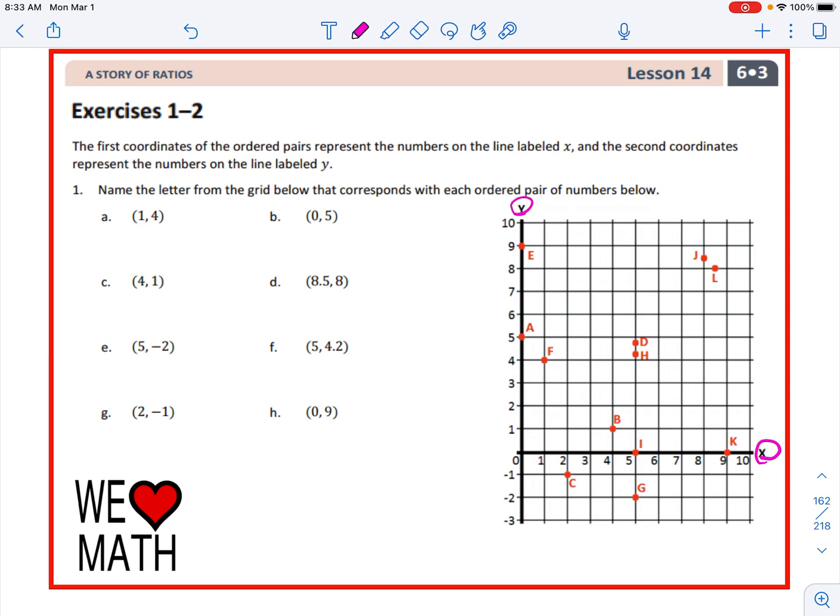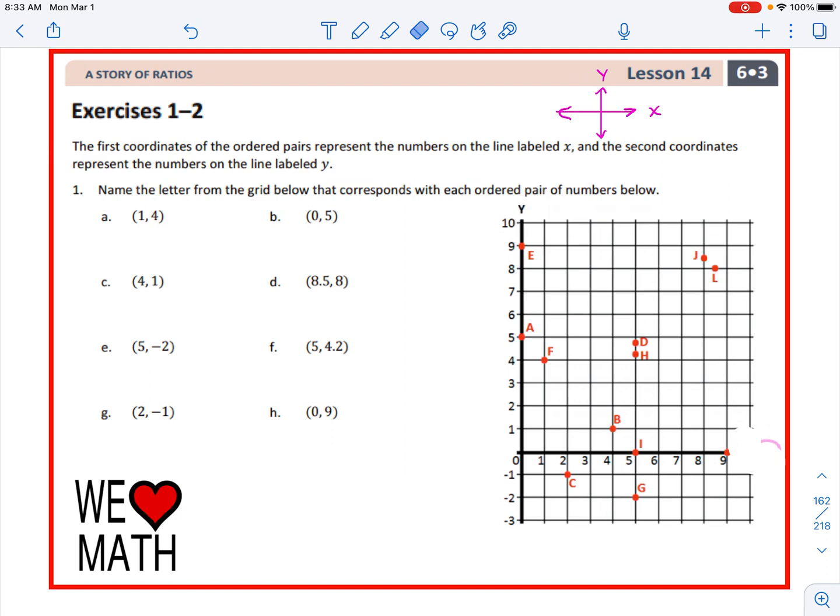So remember, X is horizontal, Y is vertical. Name the letter from the grid below that corresponds with each ordered pair of numbers below.